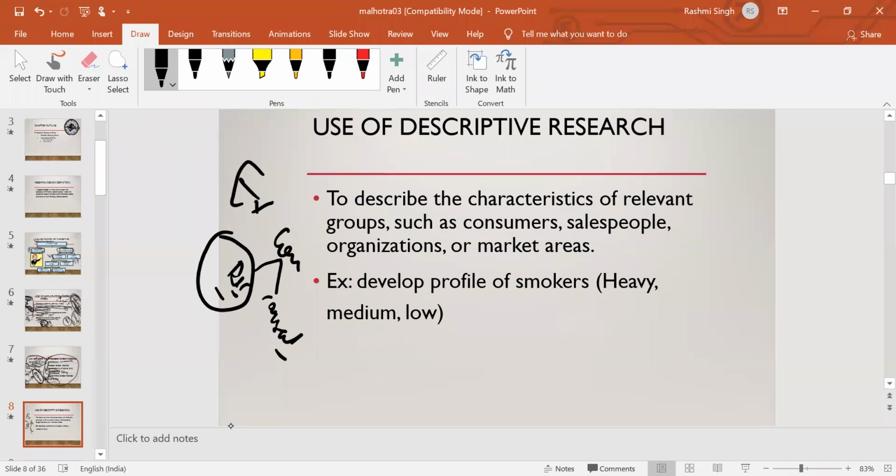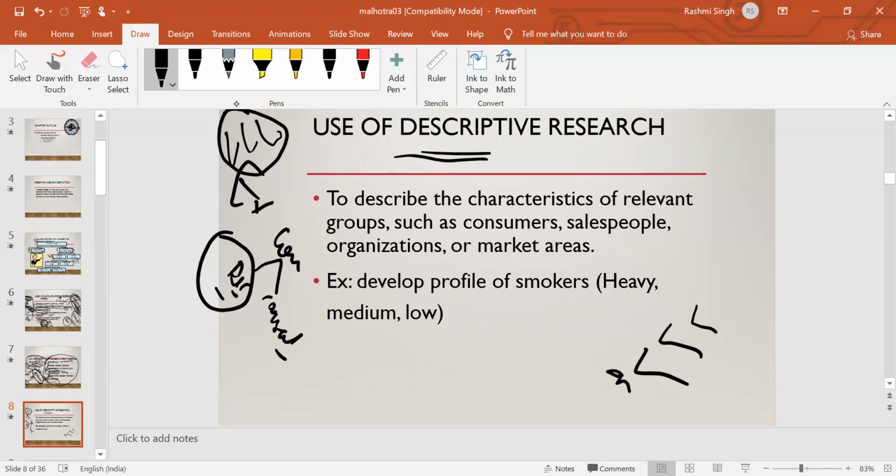I'll do the profiling of each student. Those from a maths background are good in this, this and this. And the students from a commerce background are good in this particular variable, and in the analytical part and all. So this is my descriptive research. I am going to describe the different consumers or the different sets of individuals.